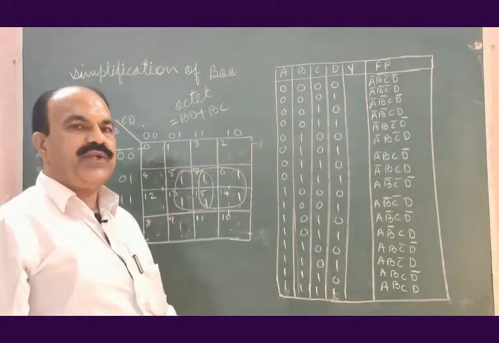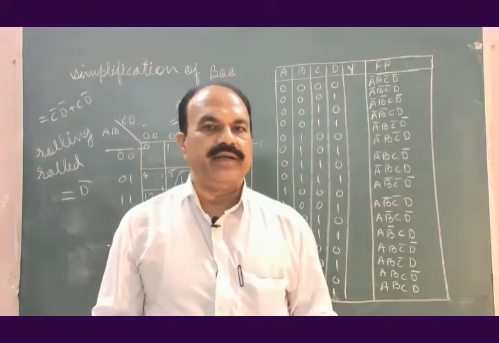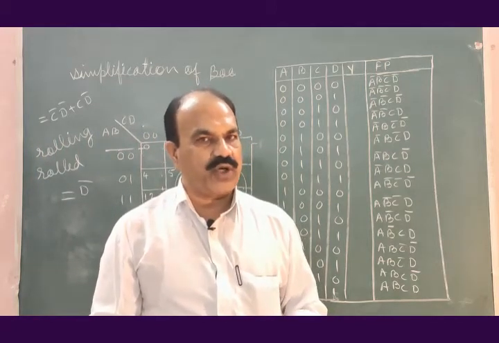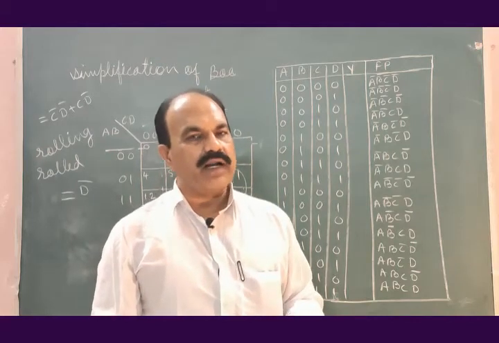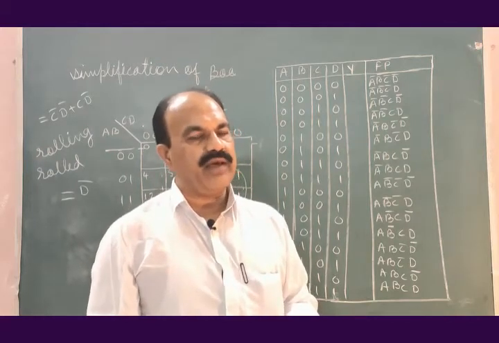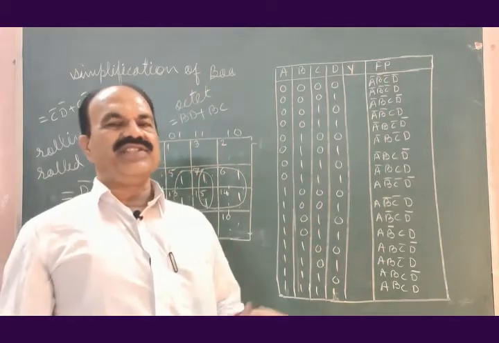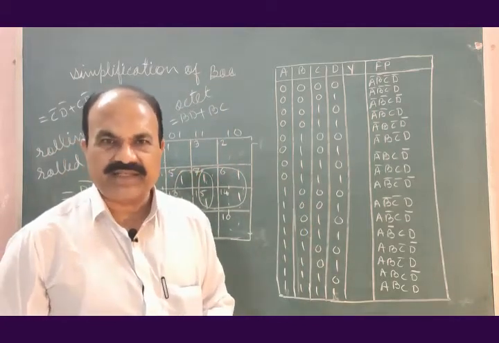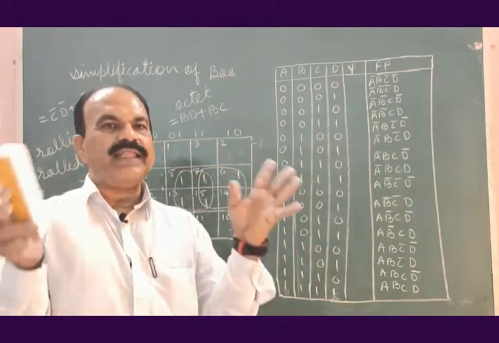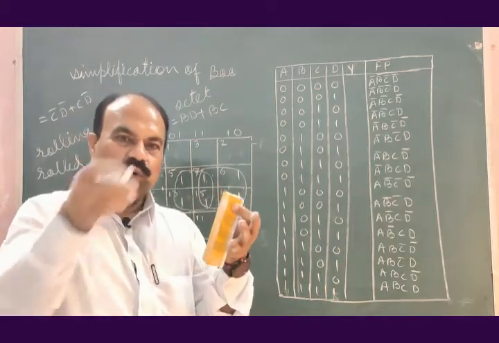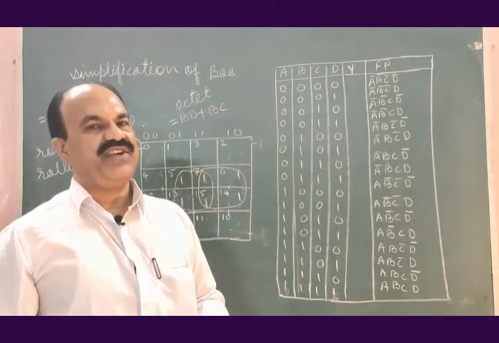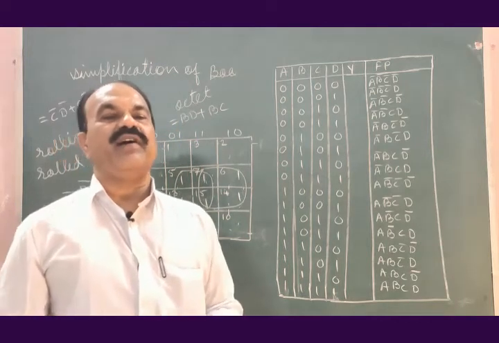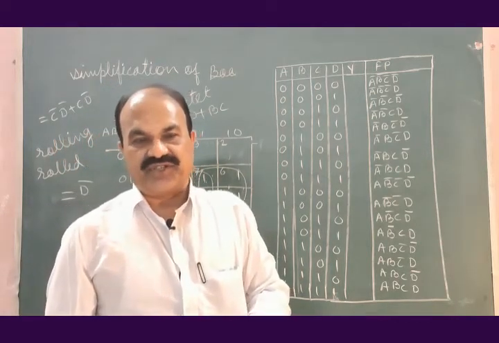So this way we can use the method of formation of octet, method of formation of quad, method of formation of pair. If these are not easily formed as explained, let us go for rolling the map, let us go for overlapping the groups. Using all these possible ways, try to simplify the Boolean expressions.